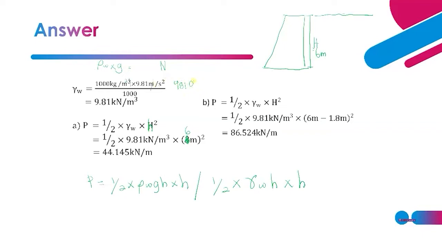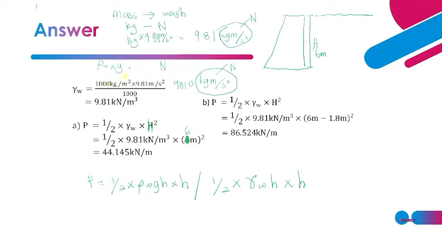The unit will be meter cube, you ignore kilogram meter per second squared, this is equal to Newton. Per meter cube, don't touch that, because this is in the unit of density, and we want to convert density into unit weight. So 1000 kilogram per cubic meter, ignore the meter cube because later it is at the bottom. You just want to convert kilogram to Newton. After you convert to Newton, you need to convert it into kilonewton, so divide by 1000 to make it kilonewton. So the unit weight of water, put it inside the formula.